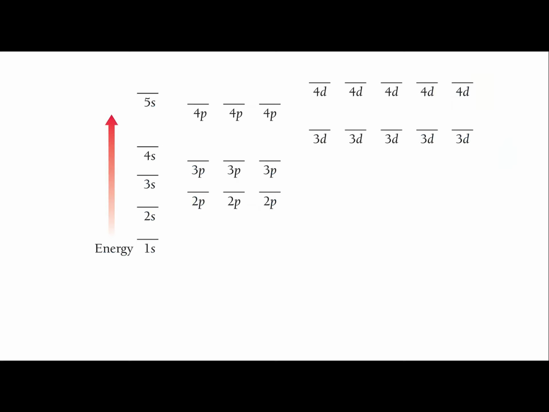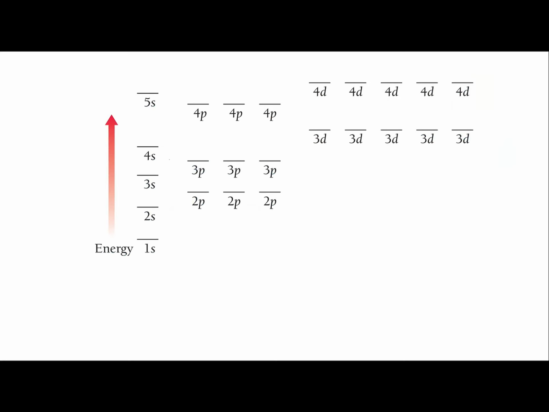Not every electron gets to feel the same positive charge. The ones that are closer feel more of that positive. The ones on the outside don't really know there's a positive in the middle as much because of all the negative electrons in their way. So because of these things, and because of the shapes of the orbitals, which leads to something called penetration and shielding, we get different energy levels.